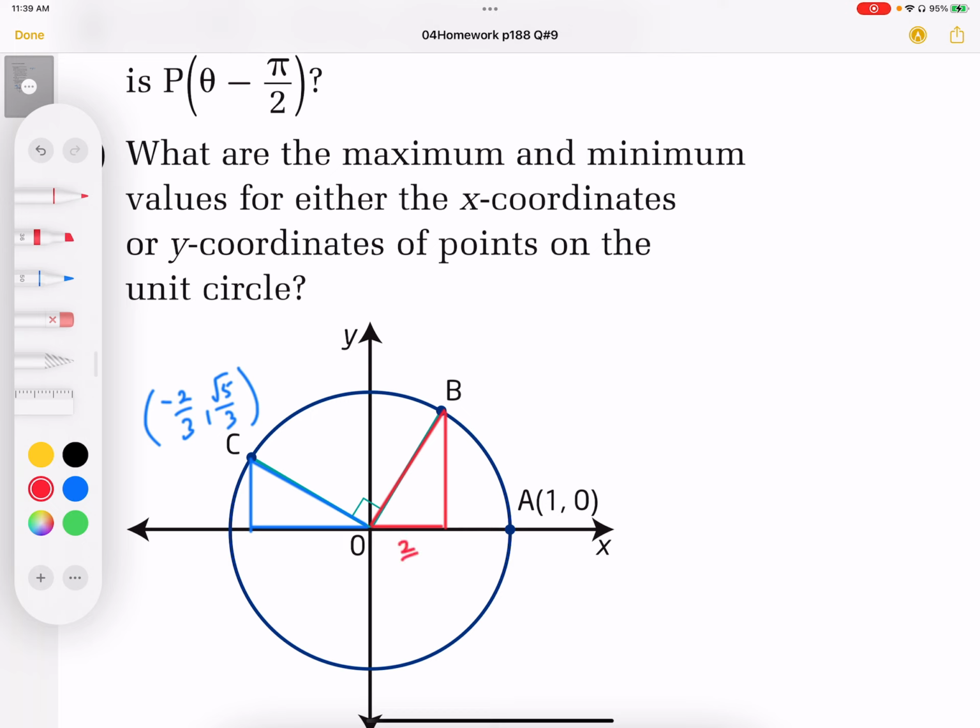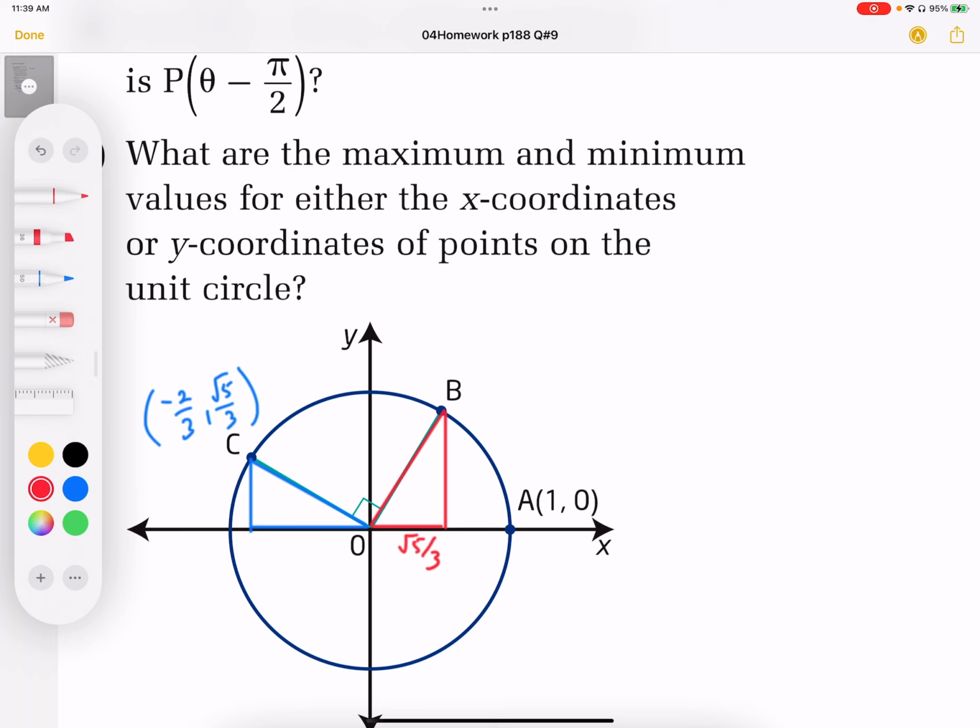So I know that that was 2/3, that's going to be root 5 over 3 in the positive direction.